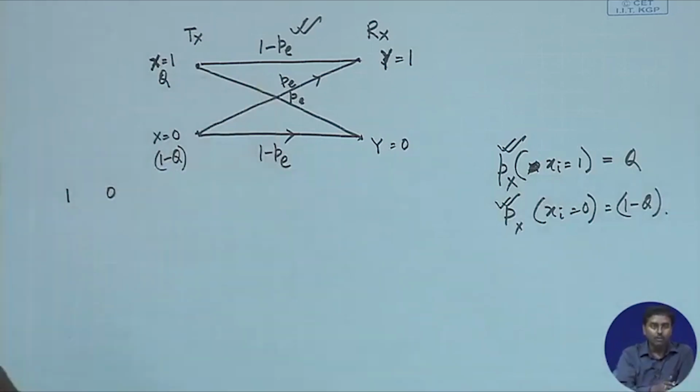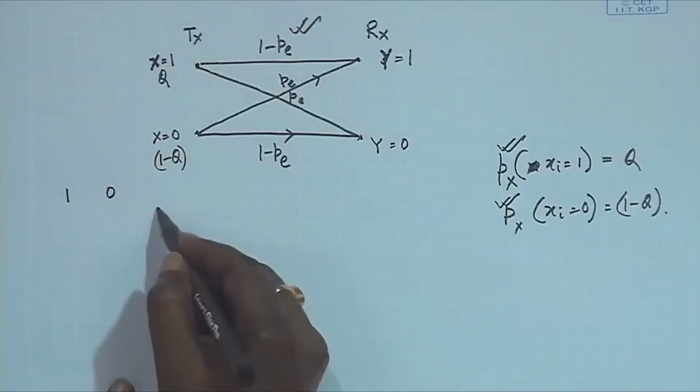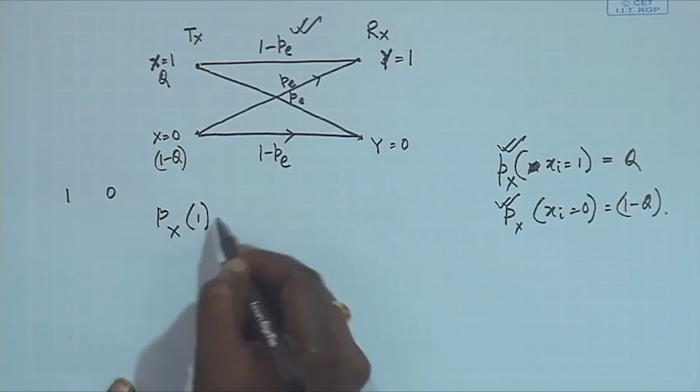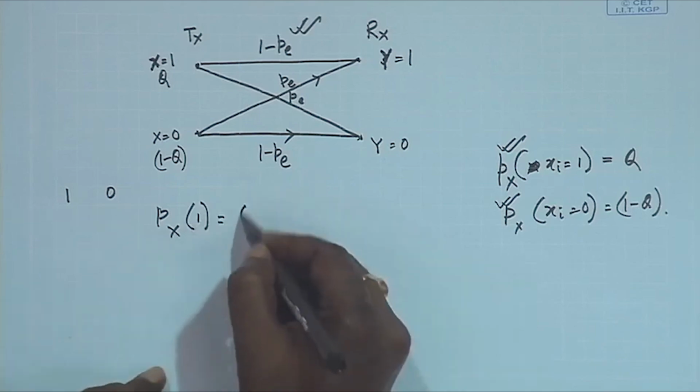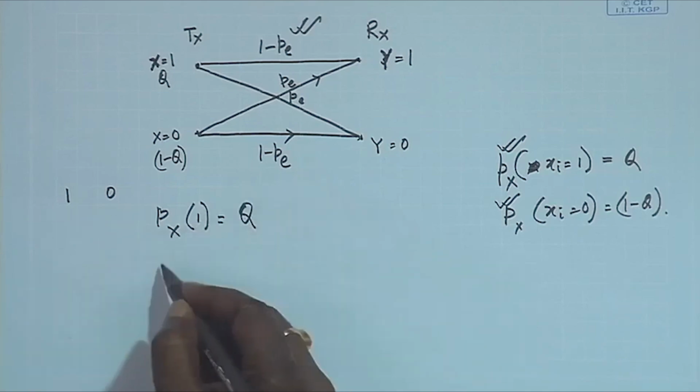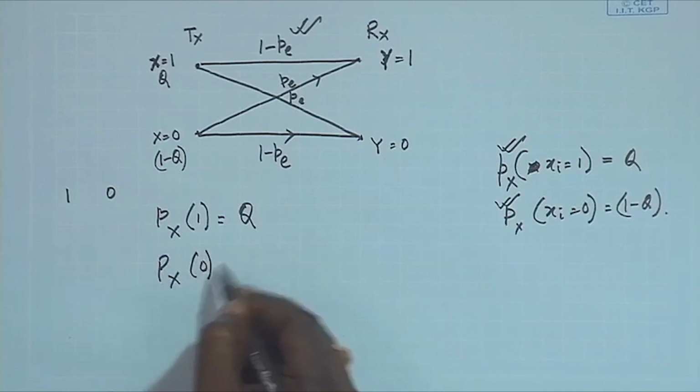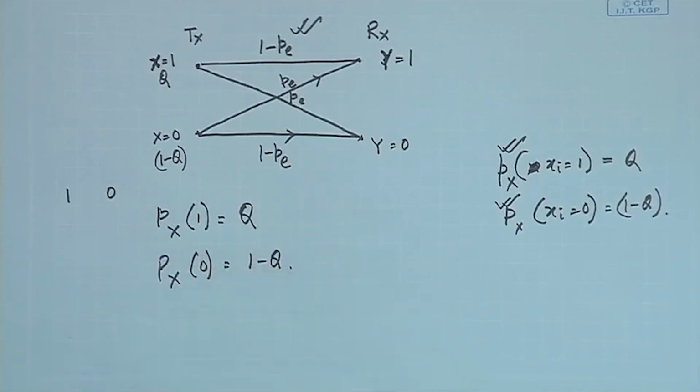Both of them I have now mapped onto the real axis, x can take the value 0 or 1, and the other one also can take 0 or 1. Okay. So, I know the prior probability, which is Px(1), I already know. Okay. Px, that random variable taking the value 1, I have called q, and Px(0) is 1 minus q, right.